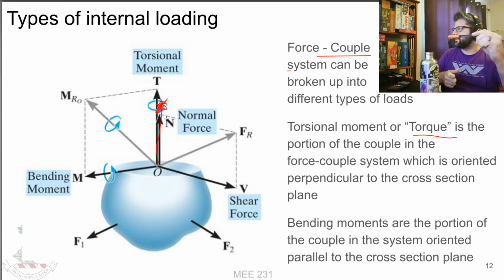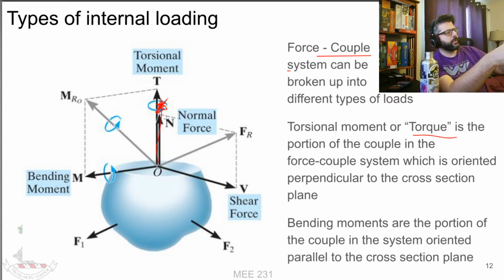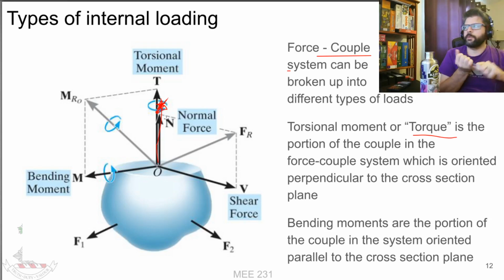If we have this pen here and we slice it this way, then the torsional moment would be what sort of force is acting about the axis sticking out of the slice. So about this way. It's a twisting motion.